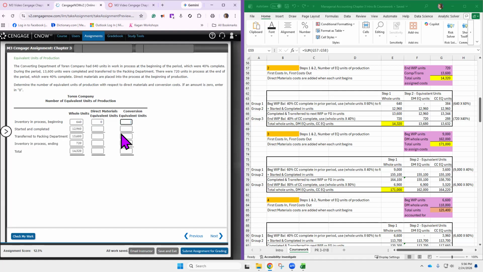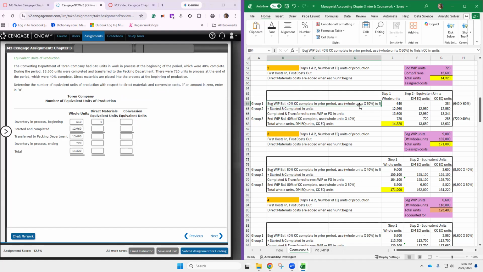Now here comes the amount, and it says that the beginning was 40% complete. Now I have that listed here. Beginning WIP balance 40% of conversion costs complete in prior period. So 40% of these were completed in the month before.